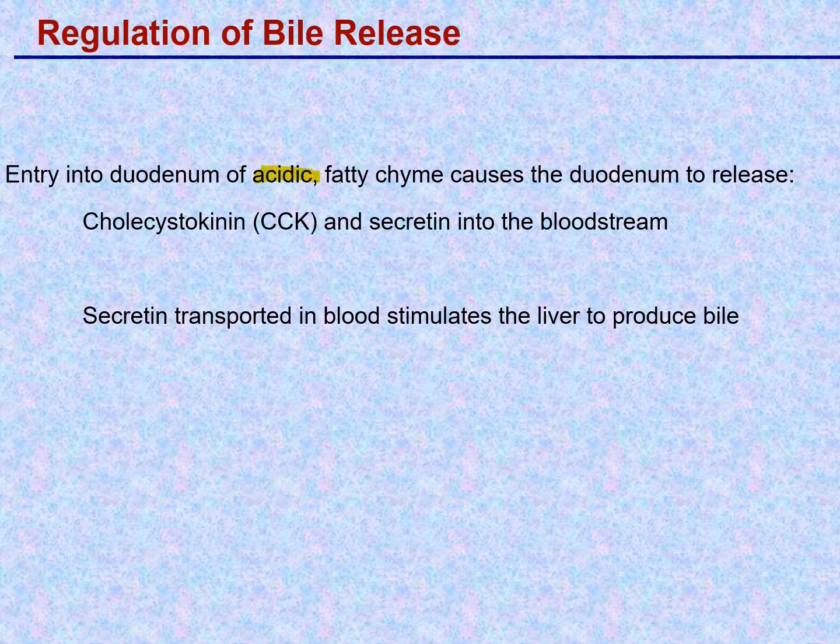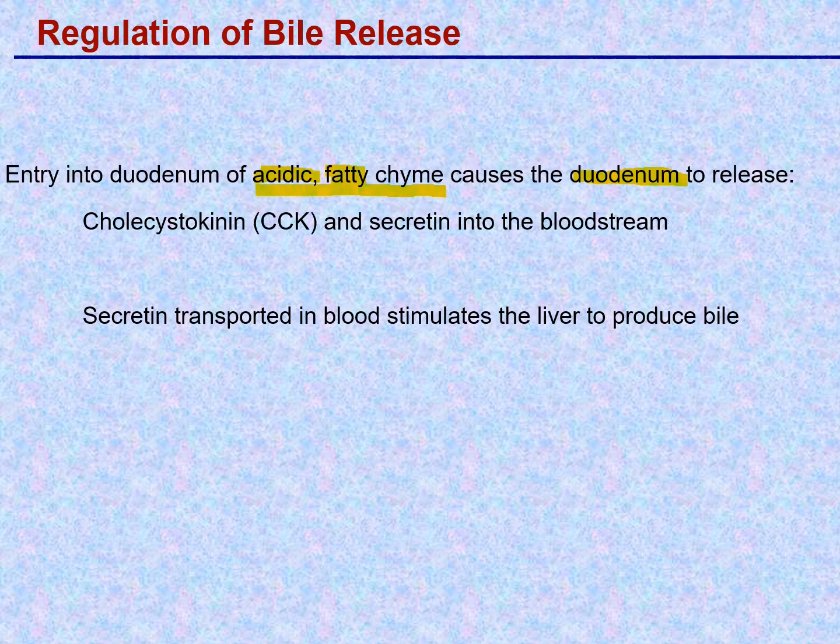But if it's also fatty, so you have entry of acidic and fatty chyme, that will trigger release from the enteroendocrine cells in the wall of the glands in the duodenum.